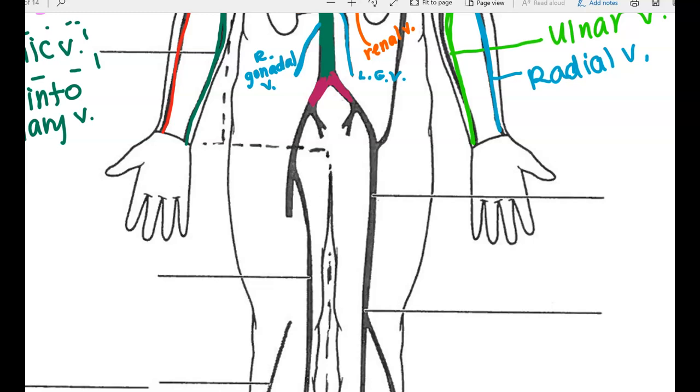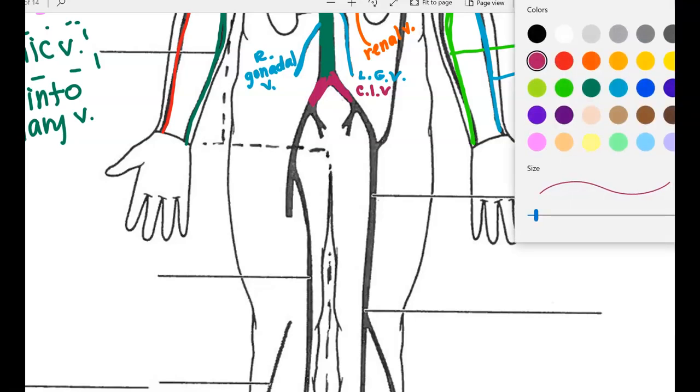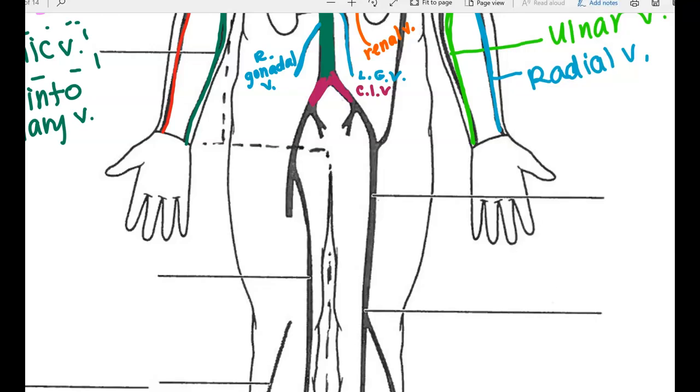So I'm just going to put CIV for common iliac veins. And then, of course, as you would expect, that is going to divide into internal iliac veins. So IIVs there. And the other one will be our external iliac vein. Okay, EIV.